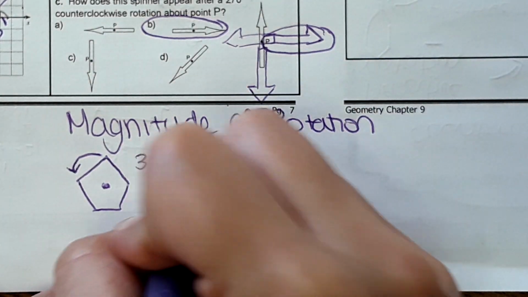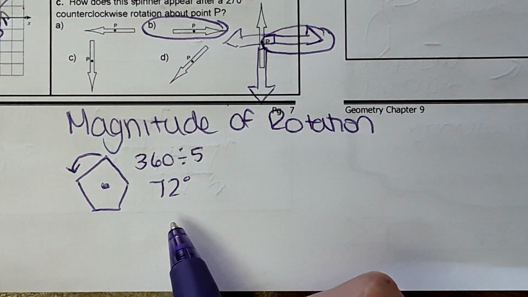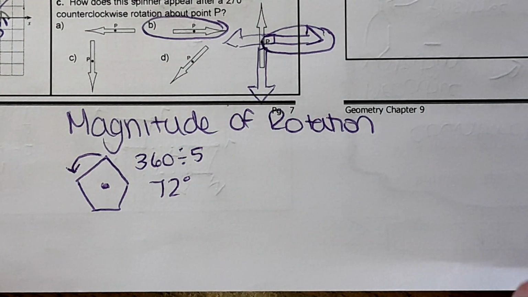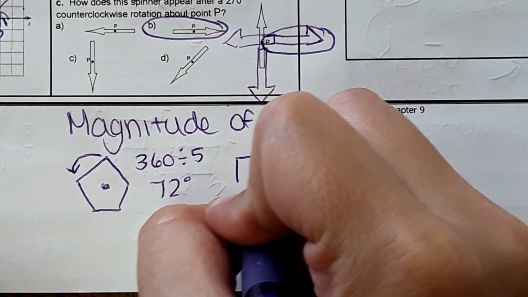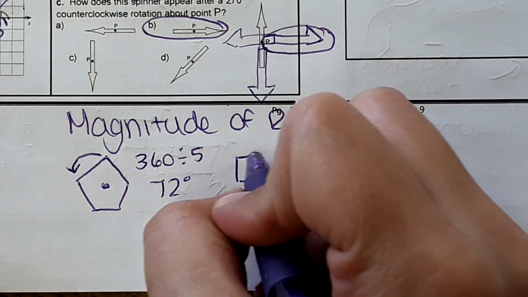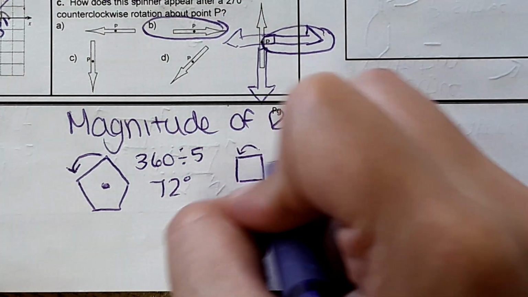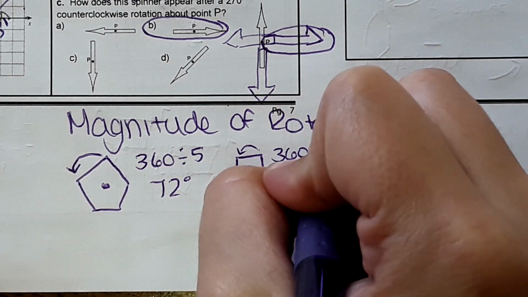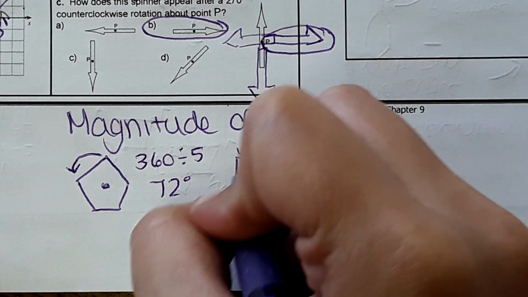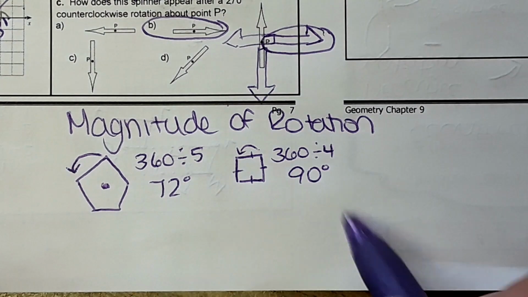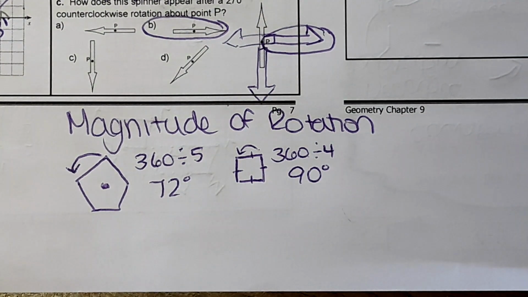And then you would get 72 degrees. So if you had, let's say a square, and you were asked what the magnitude of rotation is, how far you'd have to rotate it to get it to rotate onto itself, it would be 360 divided by 4, which would be 90 degrees. So magnitude of rotation, just take 360 divided by how many sides, and that will tell you where it lands on itself.